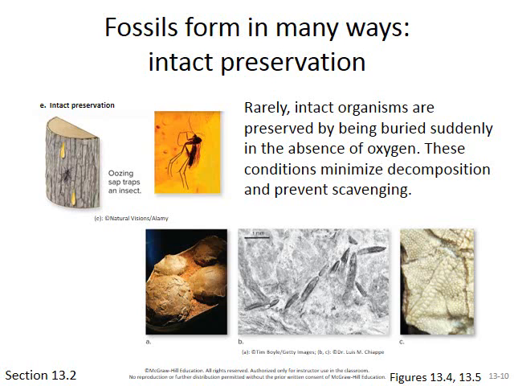Over time, that sap will turn into an amber rock, and there will be an insect inside of it preserved. That lack of oxygen keeps that insect or that organism preserved and not decaying. These conditions minimize decomposition and prevent scavenging of other animals.